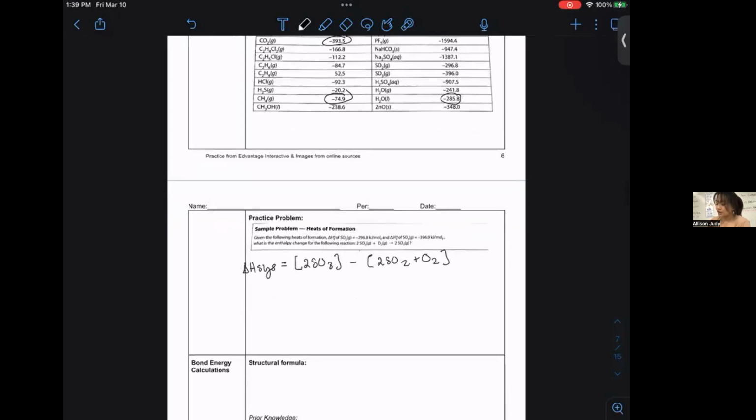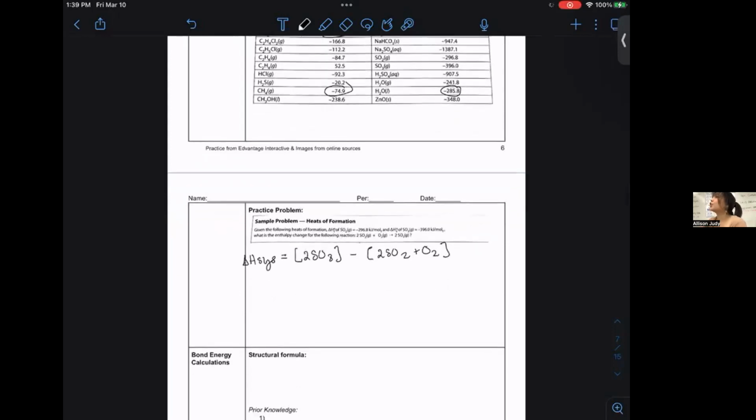So you should have placed your original equation to have your 2 SO3 energy requirements to make the 2 SO3 molecules, subtract from it the 2 SO2 molecules plus the O2 molecule. Notice, these are all standard state conditions.